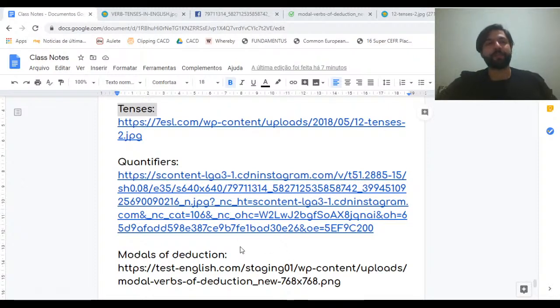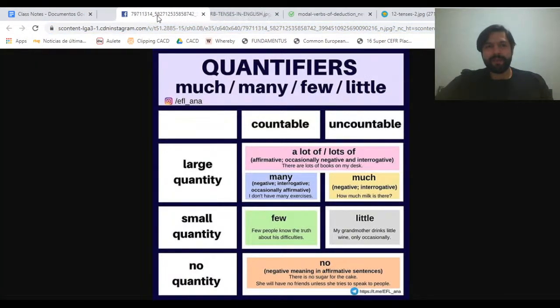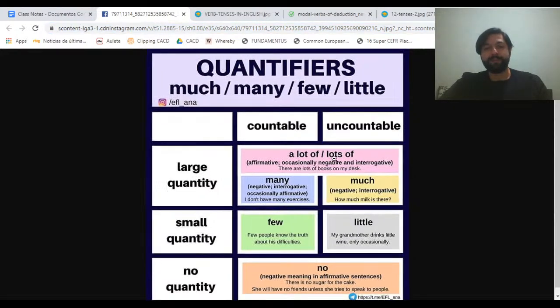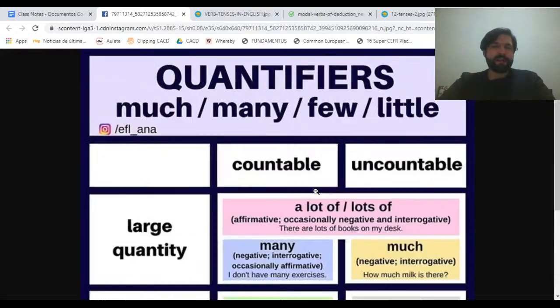Okay, so let's move on. The first part, I'm going to start with the quantifiers because I believe they are the easier ones here. The quantifiers are basically words that, like the name suggests, you can use to quantify things. So on this picture, we're going to focus on much, many, few, and little. It's not a big deal.